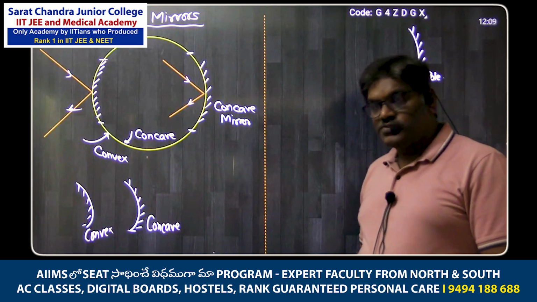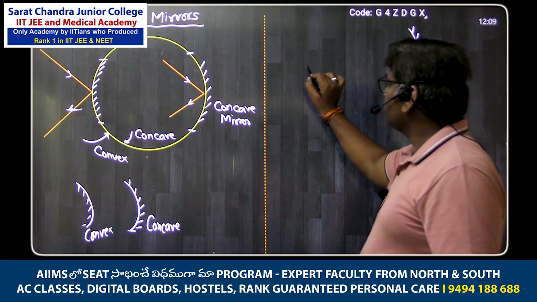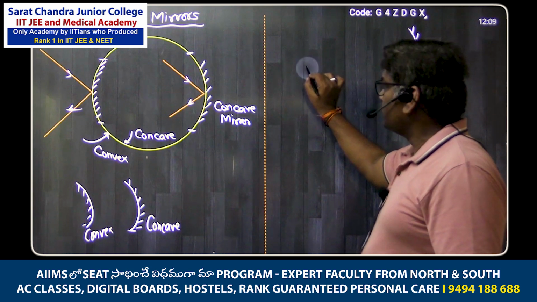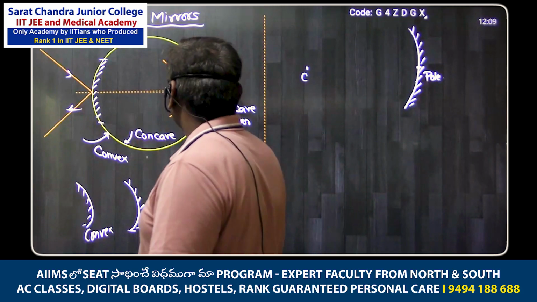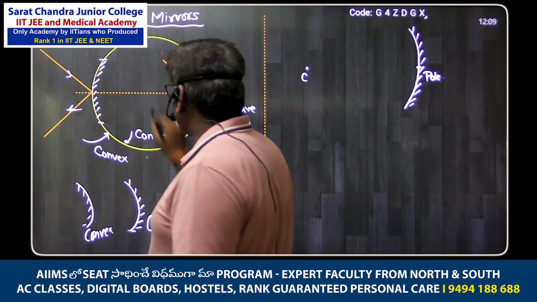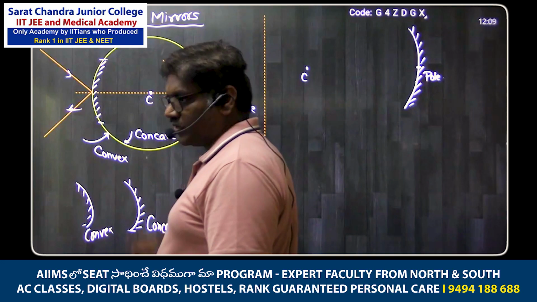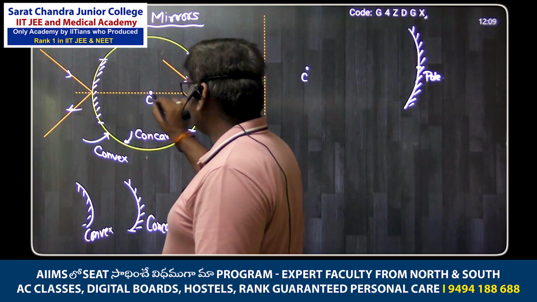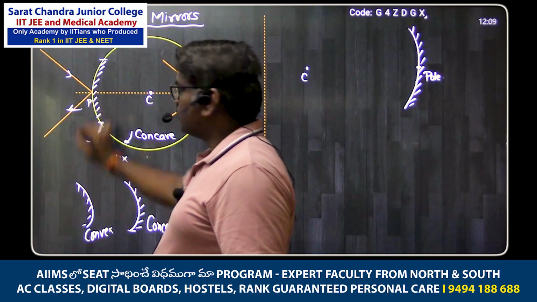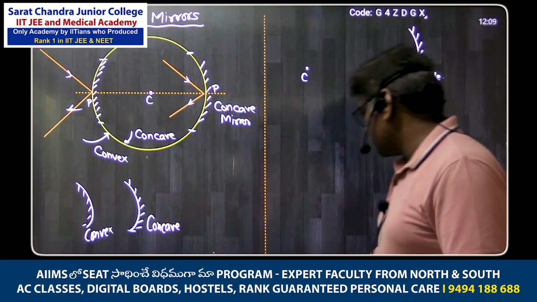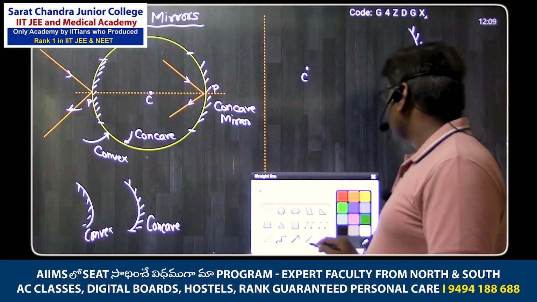Since it is part of a sphere, this part also has its center somewhere; here, this will be the center of the sphere. If you join the center and the pole, what is this called?